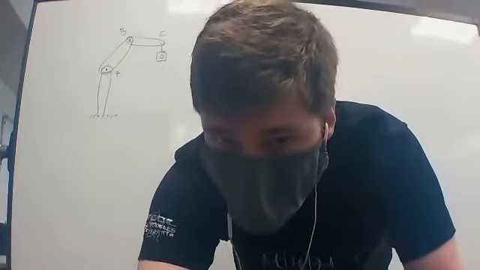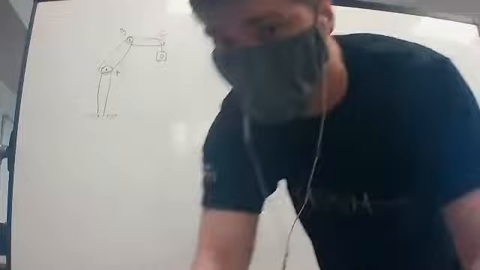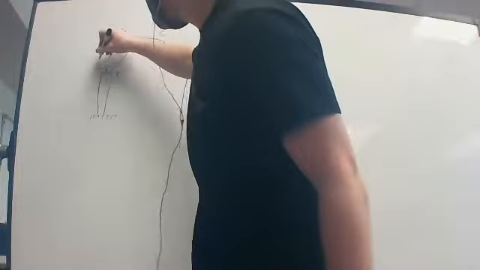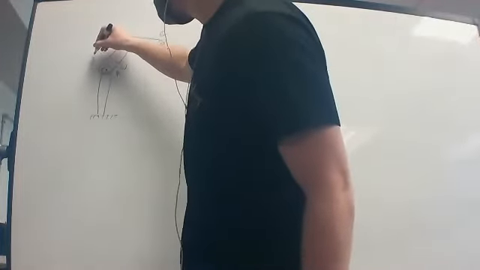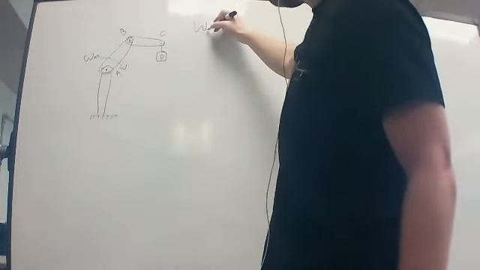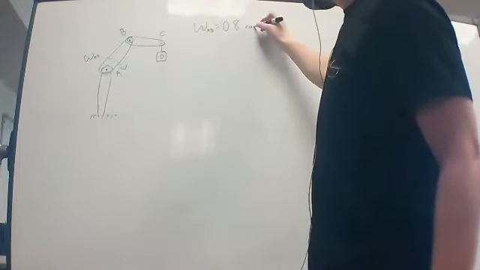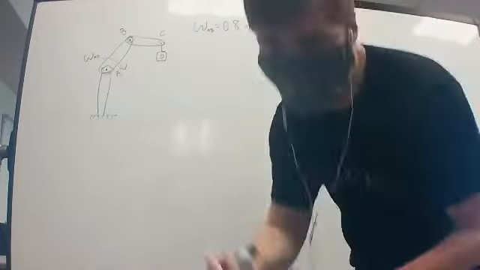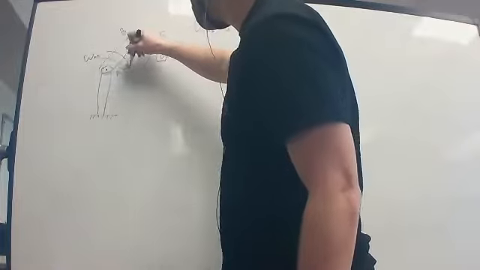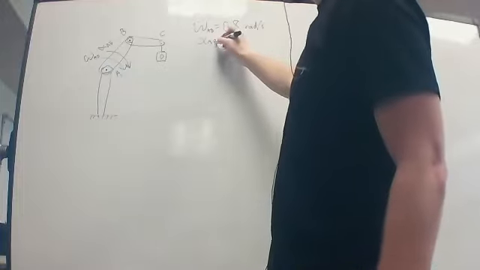We are given that AB has a constant clockwise angular velocity of 0.8 radians per second. So it being constant means that our alpha AB is 0.